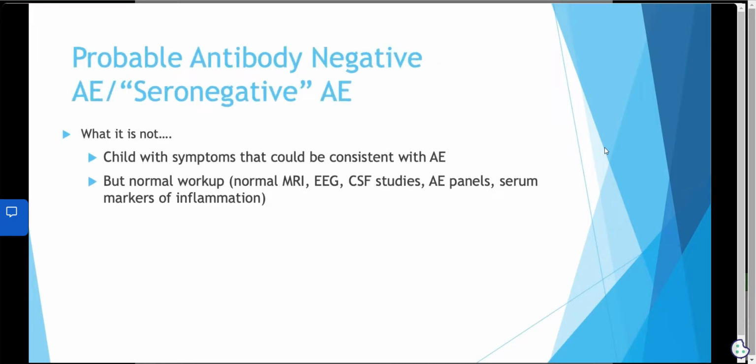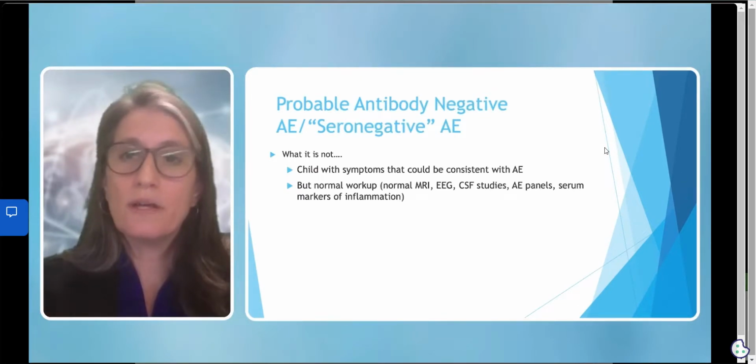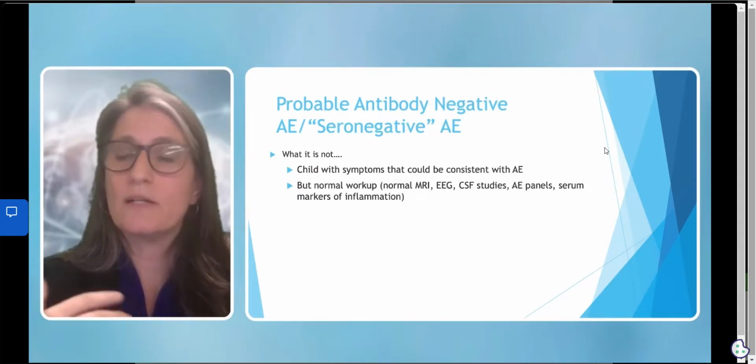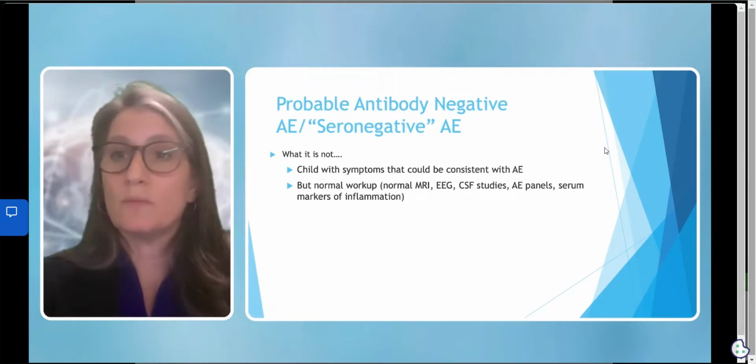So when we're talking about possible autoimmune encephalitis versus seronegative autoimmune encephalitis, this is an important differentiation. Patients sometimes have trouble knowing what we meant when we said it was possible, and now we're saying, no, you do not have autoimmune encephalitis. And there's sometimes this confusion that seronegative autoimmune encephalitis means you had symptoms that could be consistent with autoimmune encephalitis, but the workup was completely negative.